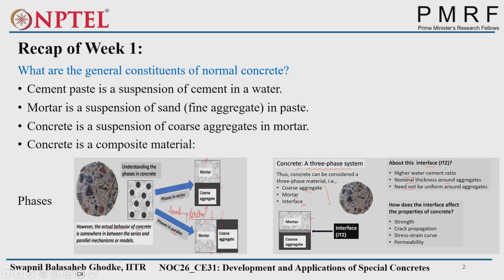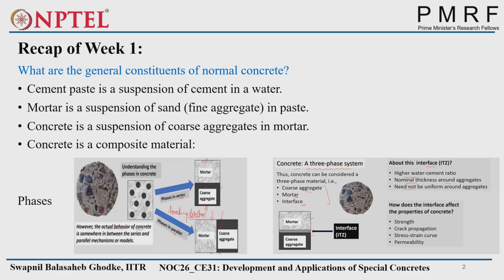The strength of the mortar and the strength of the layer surrounding the coarse aggregate will differ. That's why a third phase comes in, the interfacial transition zone. It has a higher water to cement ratio and a nominal thickness around the aggregates, but need not be uniform around the aggregates.